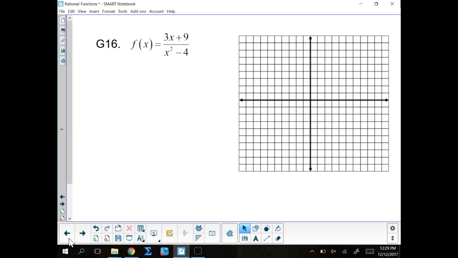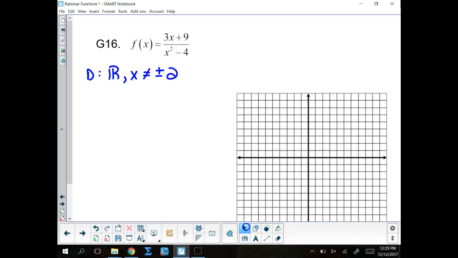Step number 1. Domain. What is it? X cannot equal plus or minus 2, and all real numbers. Do we agree with that? Yes, sir. Okay. Can it be factored? Yes, but no. What do you mean, yes, but no? So it can be factored.